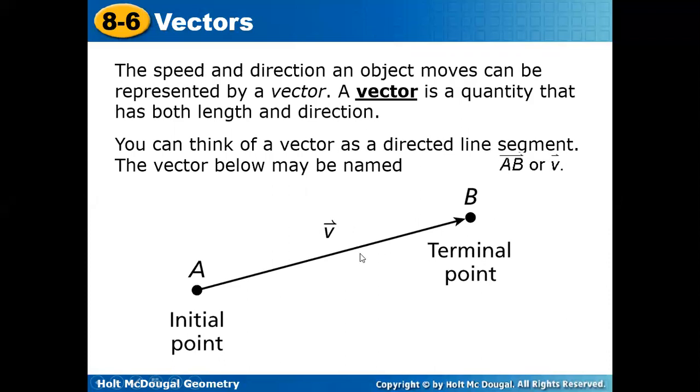This vector has initial point A and terminal point B. So vector AB, or a vector denoted by this symbol V, and the symbol of vector is like the ray, but with one part only.